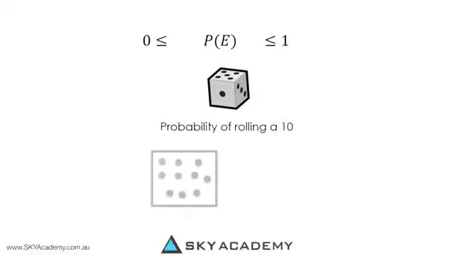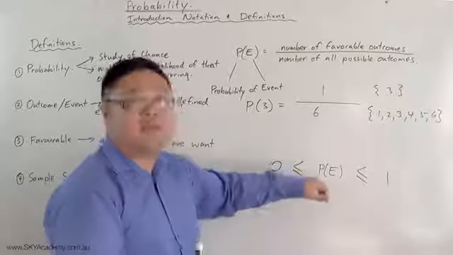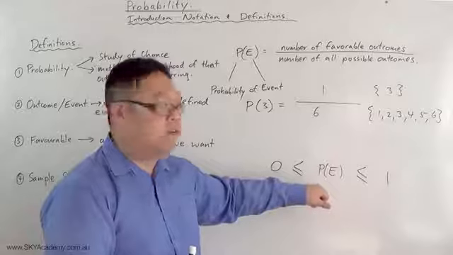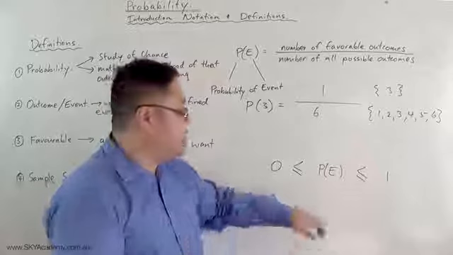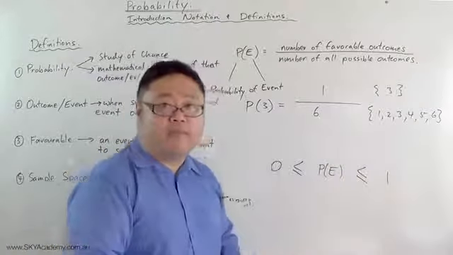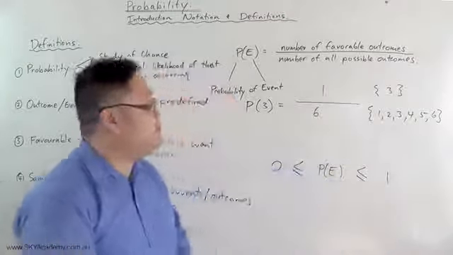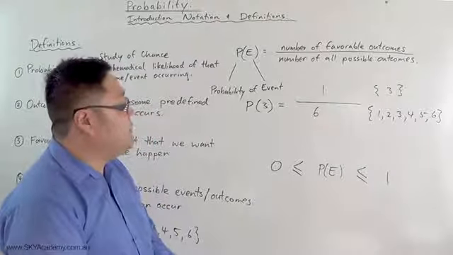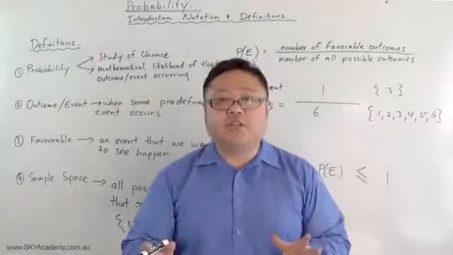The number 10 doesn't exist, so you have 0 chance out of 6. What's the chance of rolling a number 6 or less? Whatever number you roll is going to be 6 or less, so the answer is 6 out of 6, which is 1. So all probabilities lie between 0 and 1. That sets up the introduction to probability.